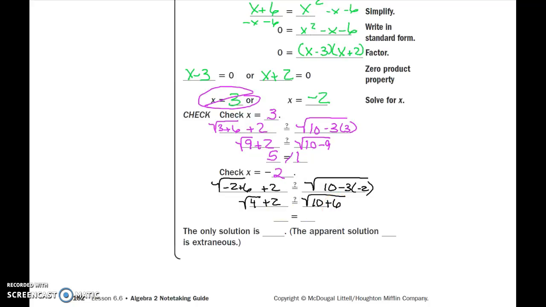So the square root of 16 is 4 over here on the right. The square root of 4 is 2, and 2 plus 2 is 4. So this solution works. So the only solution is negative 2. The apparent solution of 3 is extraneous.